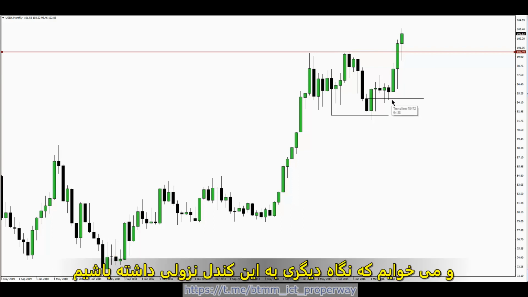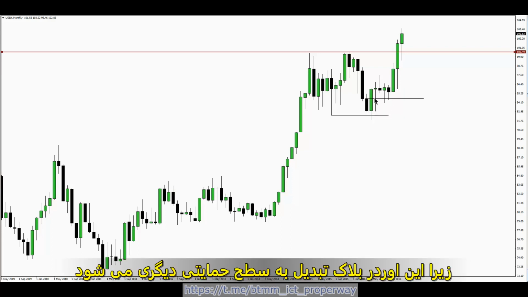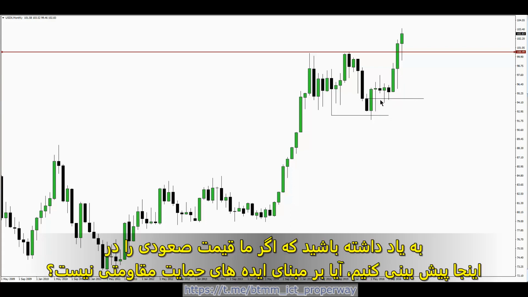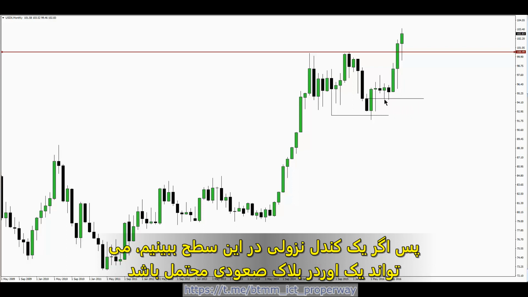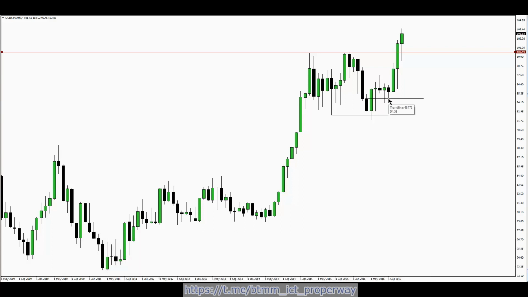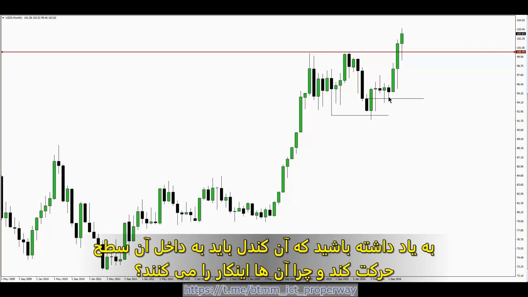And we're going to take another look at this down candle here, because this order block becomes another support level. Remember, if we anticipate bullish price here, doesn't that by nature support price in the form of support and resistance ideas? So this level here, if we see a down candle off of that level, that could be a potential bullish order block as well. Remember, it's going to be trading down into that level.